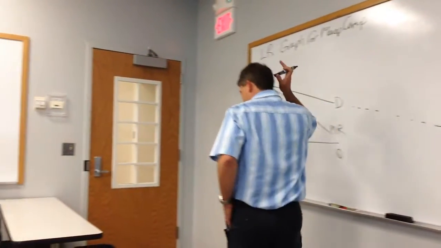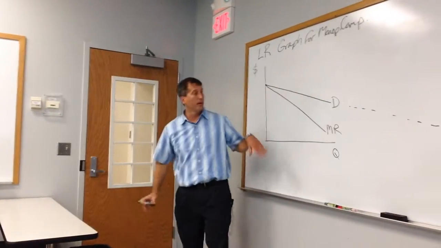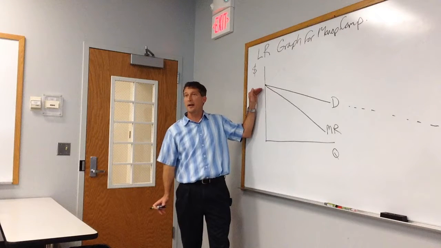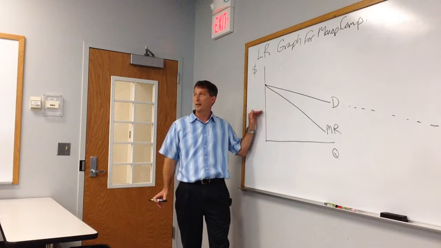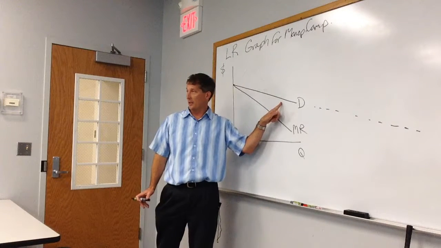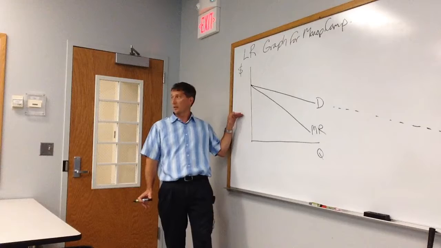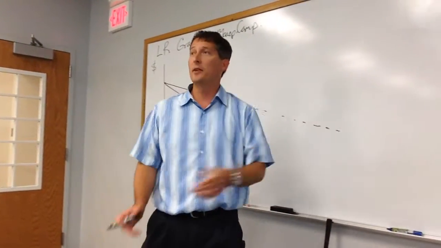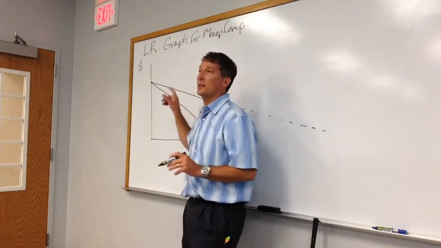And the reason it has that is because in order for the firm to sell more product, it has to lower its price. But it can't just lower its price for the extra good, it has to lower it for all of the goods. And that's what gives us this extra revenue that's less than maybe the price that we're selling it for.